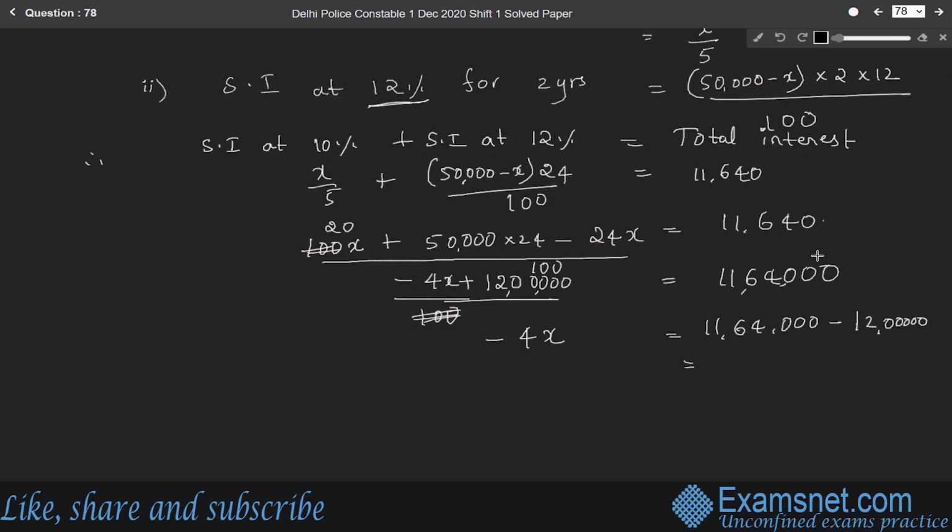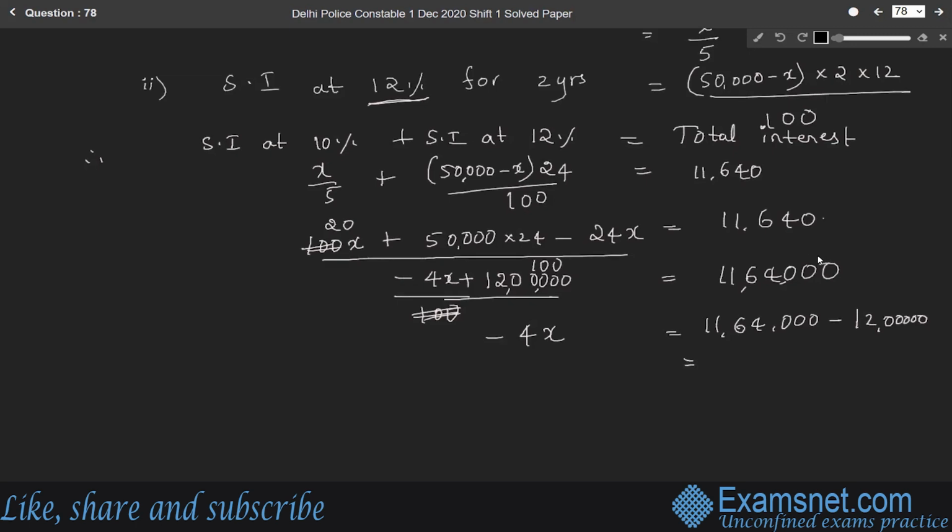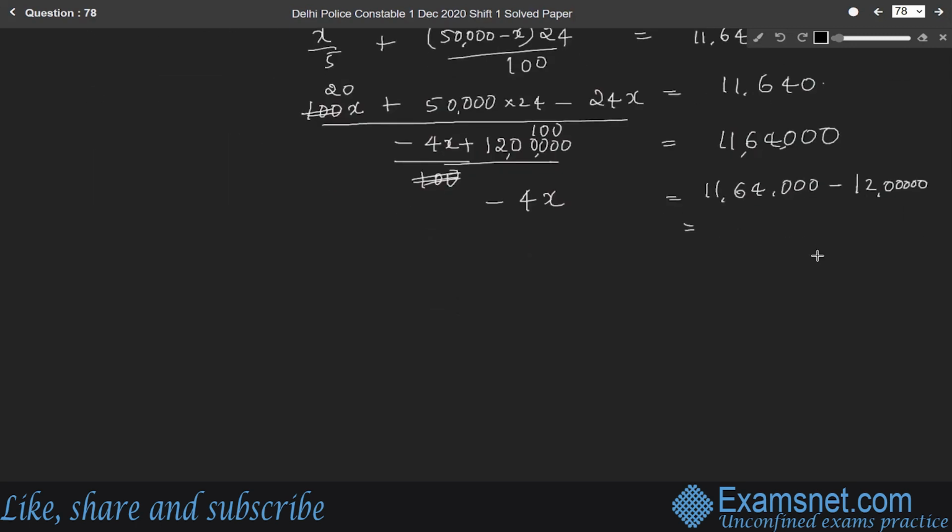After simplification, 12 lakh minus 11 lakh 64,000 is 36,000, which is minus 4x. Therefore, x is equal to 9,000.